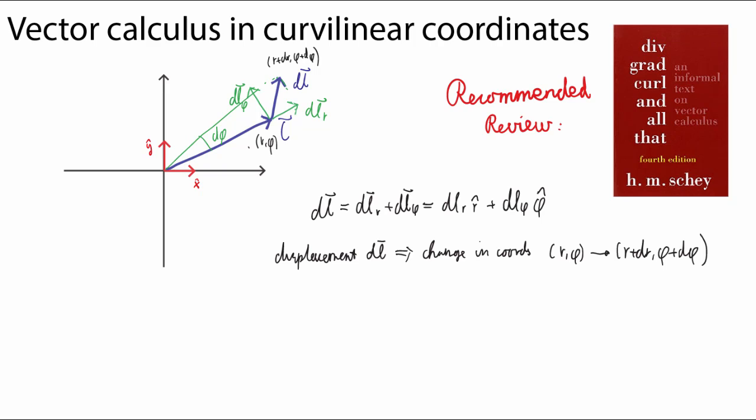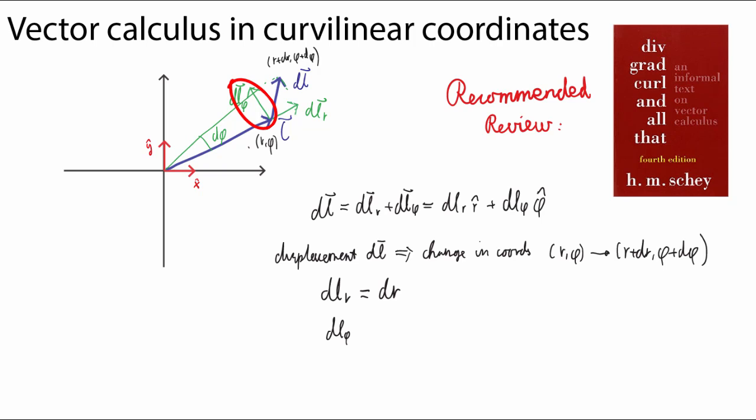Now the magnitudes of the components of dl here, dl phi and dl r, can be directly related to the changes in the coordinates d phi and dr. For dr, that's pretty simple. We simply have that dl r is equal to dr. In the phi direction, that's kind of different, though.